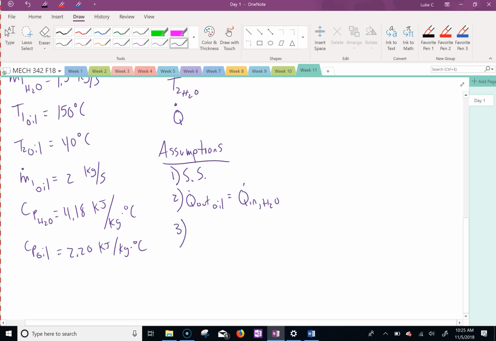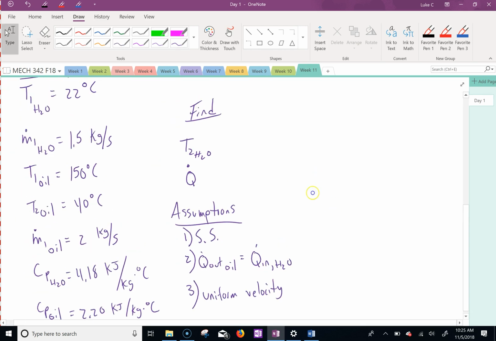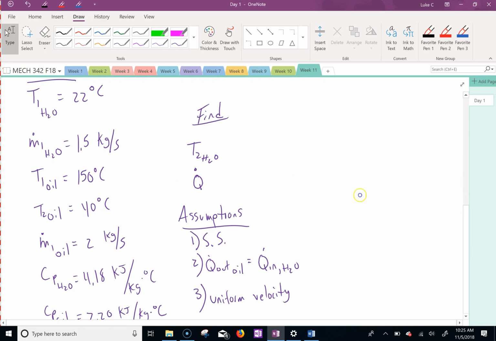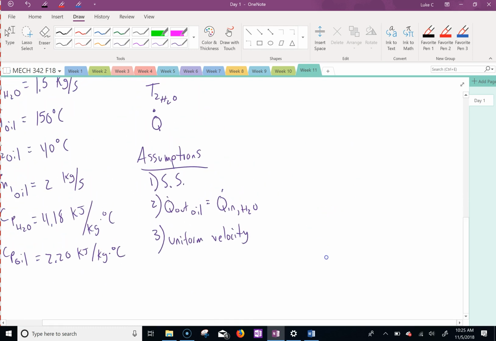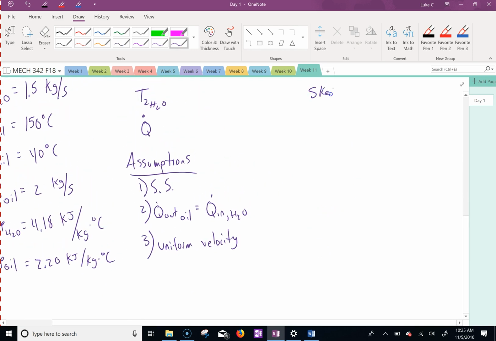Three, and we'll pick uniform velocity. And what I'm going to do is, sure, I'll just redraw it here. Let's make a sketch. We're going to make oil our system.